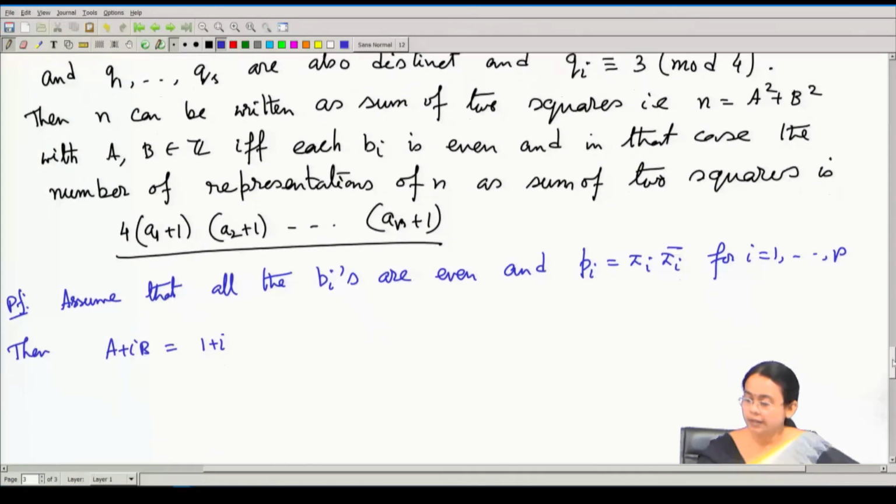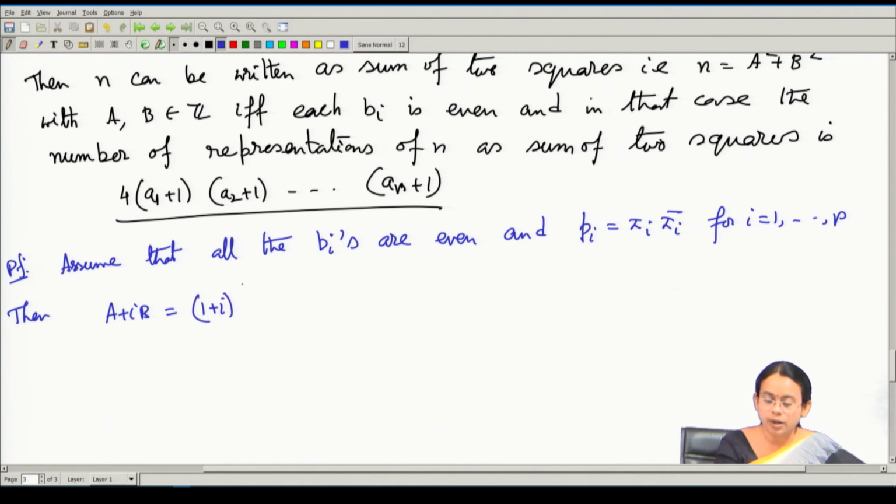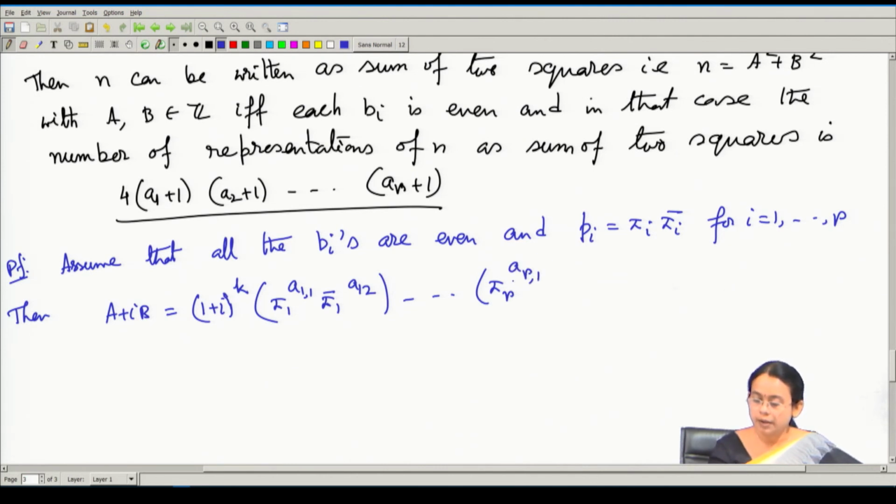So I write 1 plus iota to the power k, which contributes 2 to the power k. Then for each pi I consider one of these factors: pi to the a_i1 times pi bar to the a_i2, up to pr to the ar1 and pr bar to the ar2.